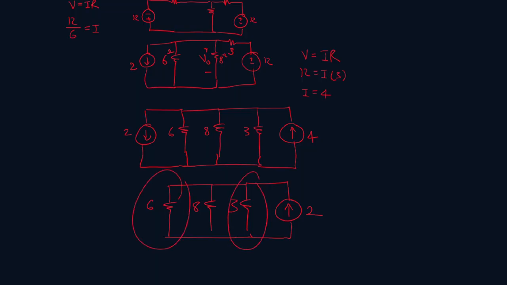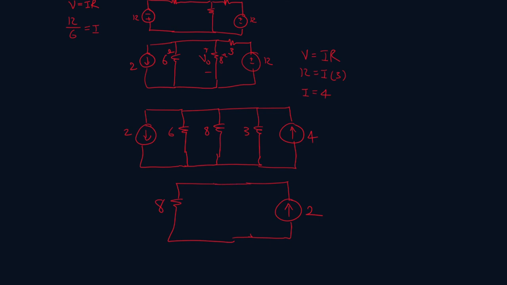These are in parallel, so we can rewrite it like this. And if we add these two up, we should get 2. Wait, let me double check. Yeah, we got 2. All right, so we will have 2 ohms here.